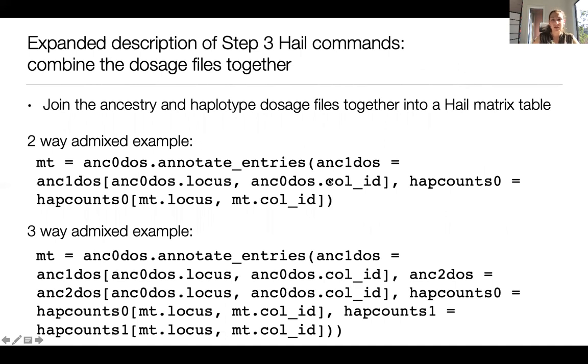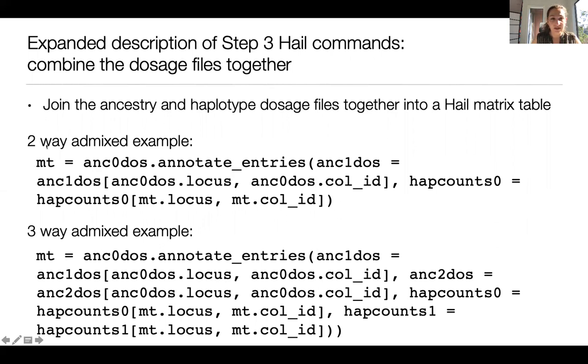So next we'll join our ancestry and haplotype dosage files together onto a Hail matrix table. We do this by annotating the haplotype counts and any of the other ancestry information we have onto our first ancestry, ancestry 0. And here we're creating a new combined Hail matrix table called mt, which will have all of this information in it. Basically, we'll have our original ancestry 0 dosage information, and then structs for each additional term that we're annotating on.